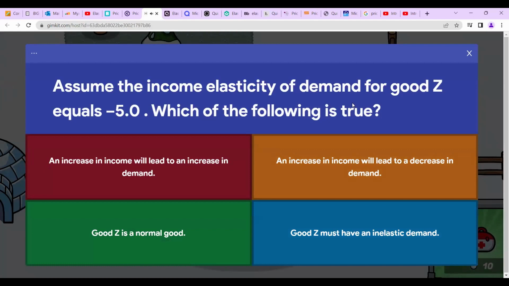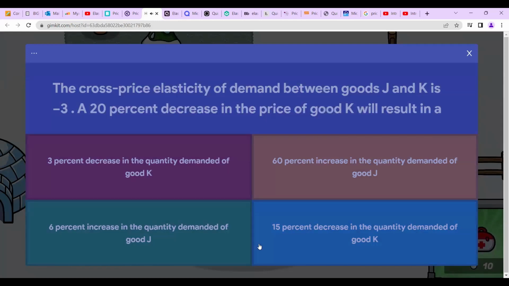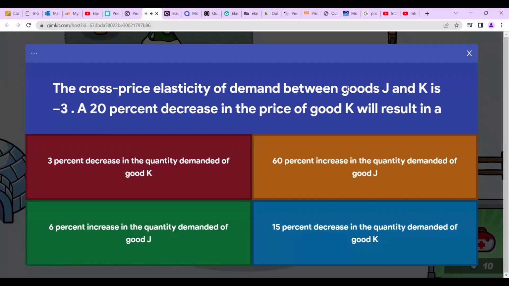Assuming the Yanktown elasticity of demand for goods Z equals 5.0, which the following is true. cross price elasticity of demand between goods J and K is -3. 20% decrease in the price of good K would result in a 60% increase in demand.